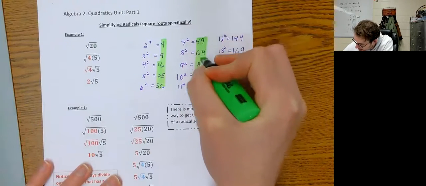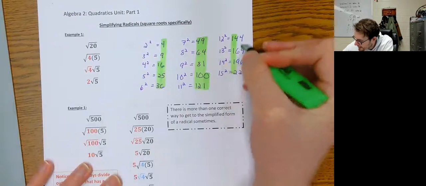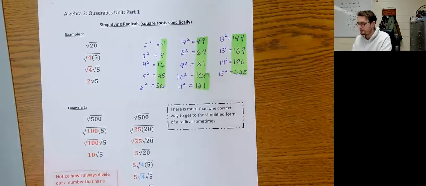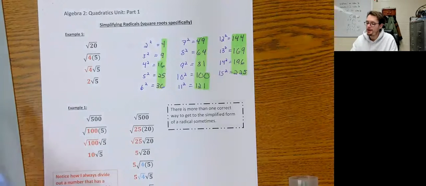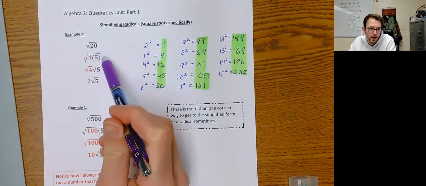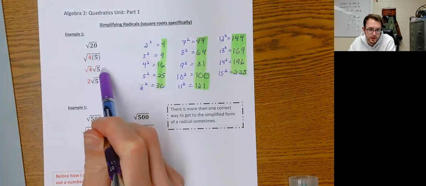These are the numbers you want to see if they divide or can be factored out of what's inside the square root. Because then you can take the square root. So if I factor 20 into 4 times 5, I can now separate this square root into 2 separate square roots.